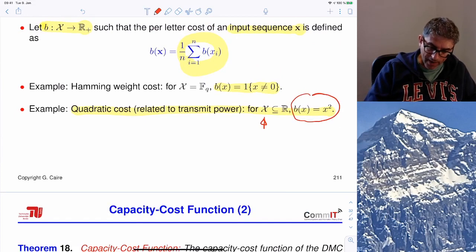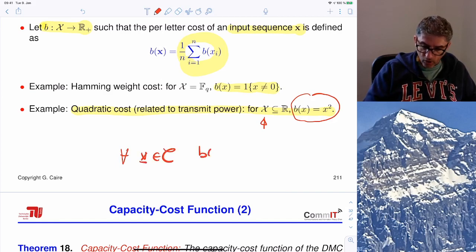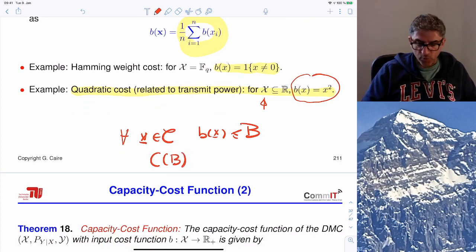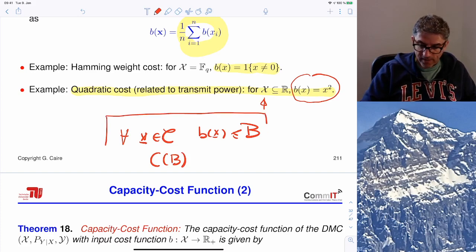Our code has to satisfy the constraint that for every code word, the cost per code word must be less than or equal to some fixed cost B. Therefore, we can define C of B as the supremum of all achievable rates for codes that satisfy this cost constraint.